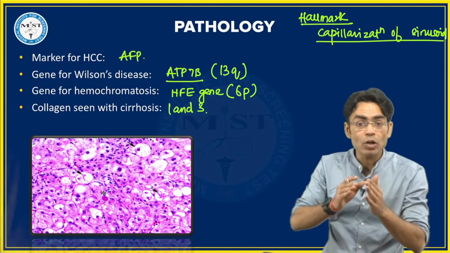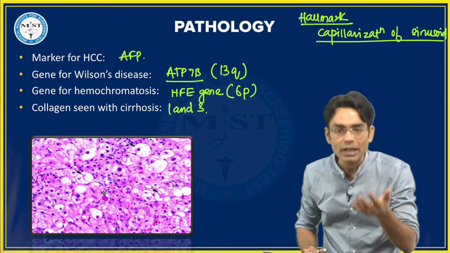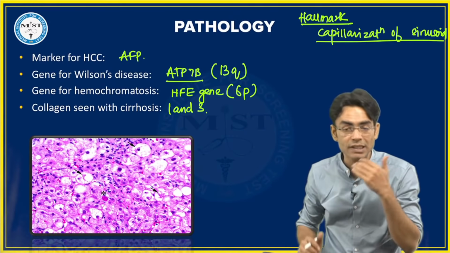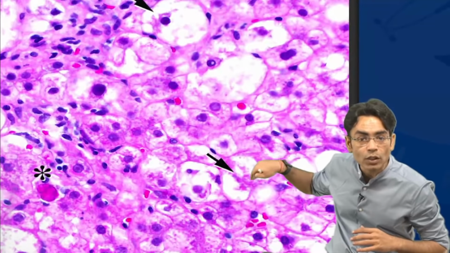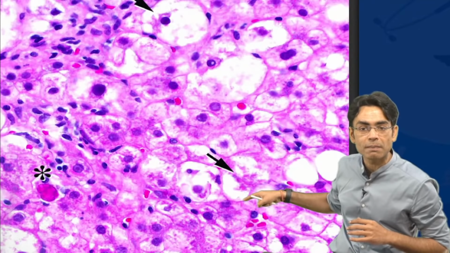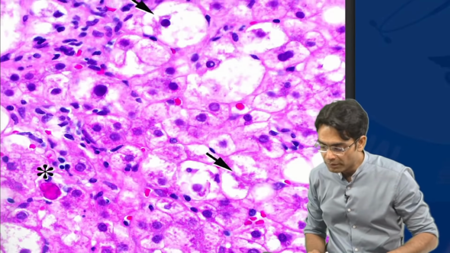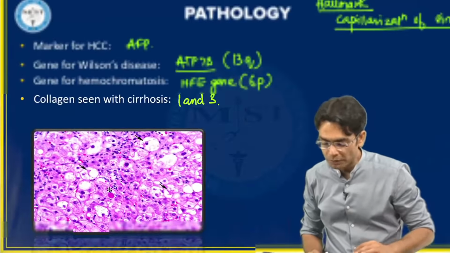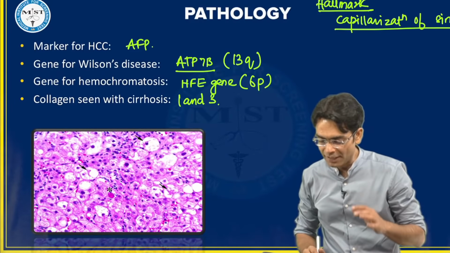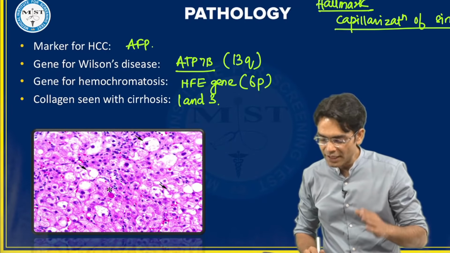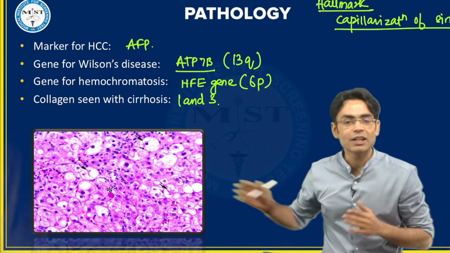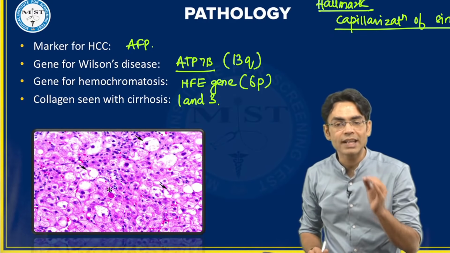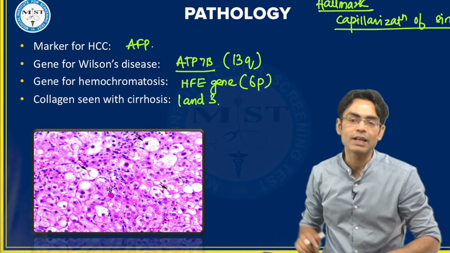Mallory-Denk bodies are seen in many diseases, but they are seen in alcoholic hepatitis. They are like eosinophilic inclusions inside the hepatocyte. There are two bodies which we are seeing here. Star indicates Councilman and arrow indicates Mallory-Denk.